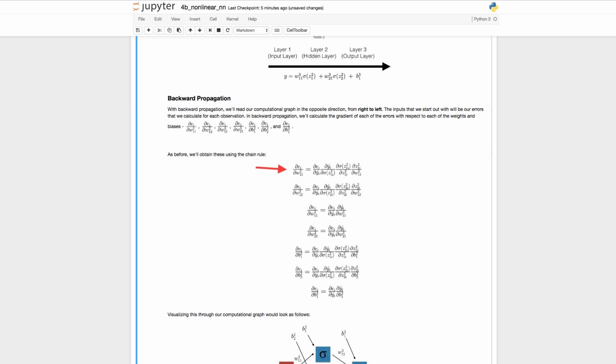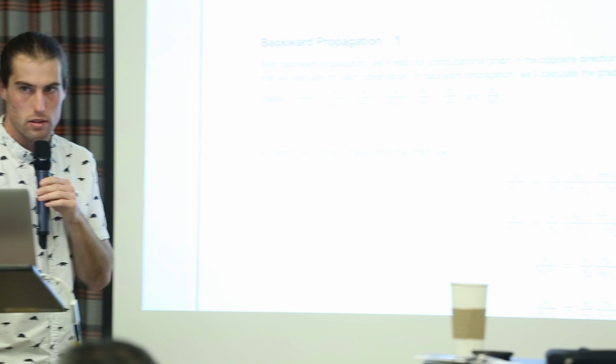Our predicted values, we get to Z1 through the function applied to Z1, so we have to take the derivative with respect to that. Then we have to take the derivative of that function with respect to its input. That's where I mentioned the difference between that and the identity. And then finally, we have to take the derivative of that input with respect to the weight. Any questions before we jump to code?